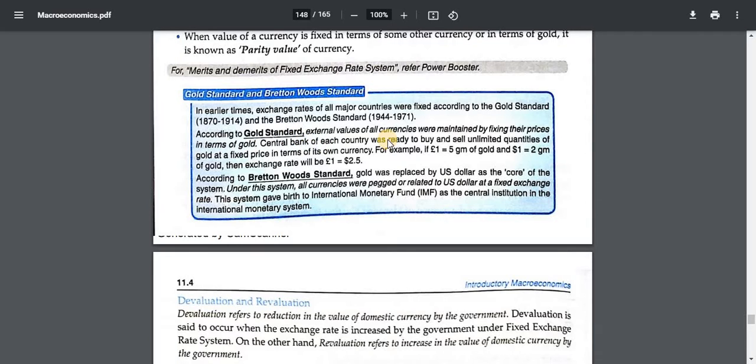The central bank of each country was ready to buy and sell unlimited quantities of gold at a fixed price in terms of its own currency. For example, if £1 is equal to 5 grams of gold and $1 is equal to 2 grams of gold, then the exchange rate will be £1 is equal to $2.5.